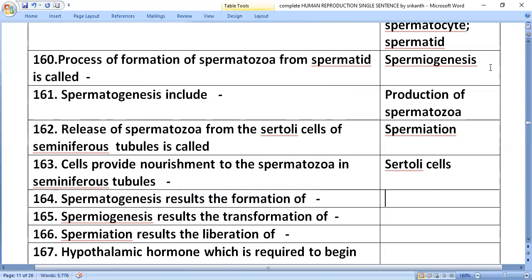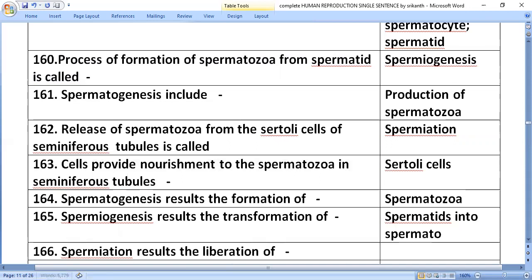Spermatogenesis results in the formation of spermatozoa. Spermiogenesis results in the transformation of spermatids into spermatozoa. Spermiation results in the liberation of spermatozoa.